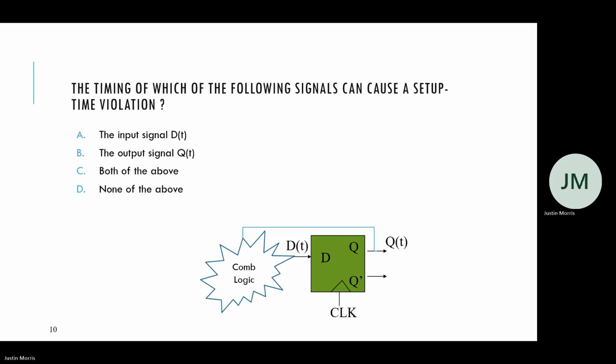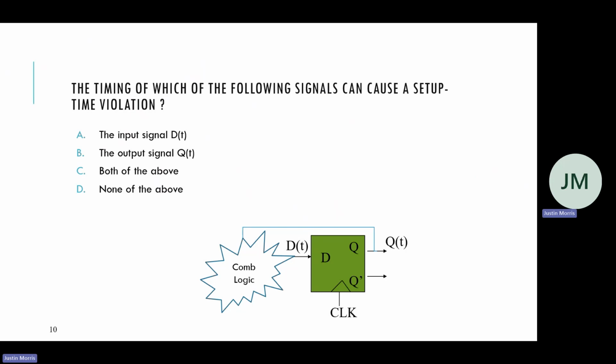All right. So this one, again, let's do this together because you have other questions that we should go over. The timing of which of the following signals can cause a setup time violation? So setup time occurs when? So on which part?